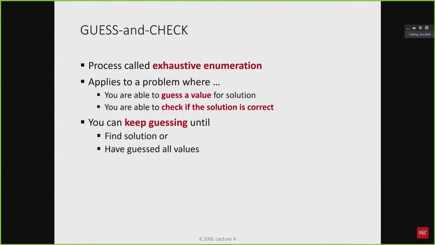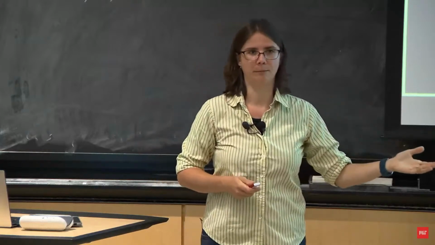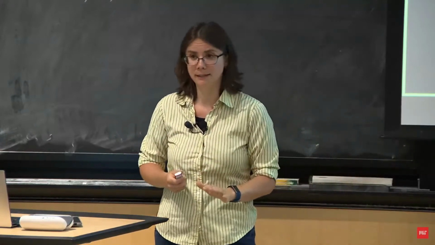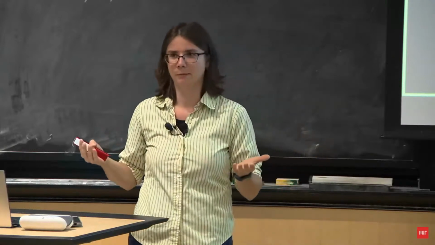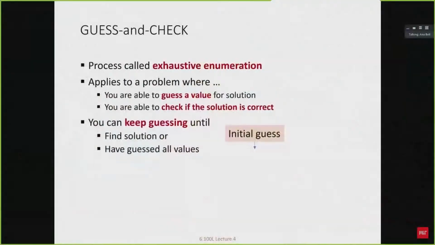So either we find the solution or we say we weren't able to find a solution to this problem. Doesn't mean that one doesn't exist. It just means that with guess and check and exhaustively enumerating all these possible values, we were not able to find a solution.